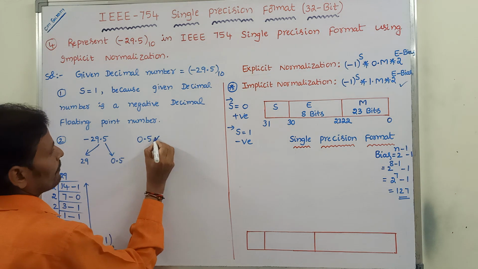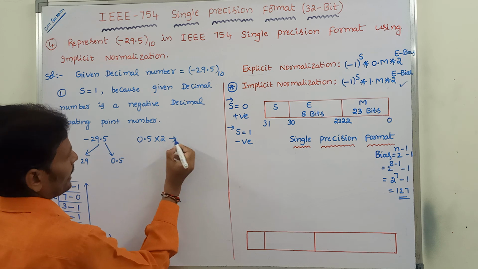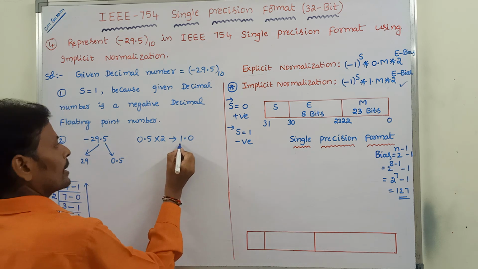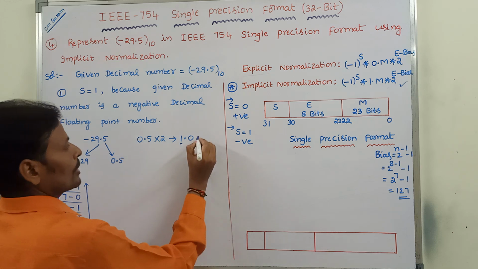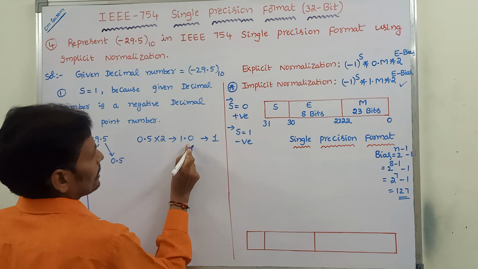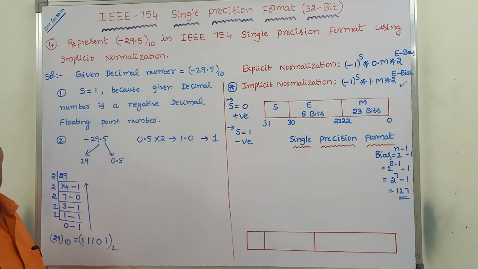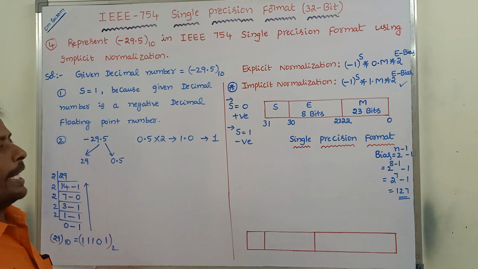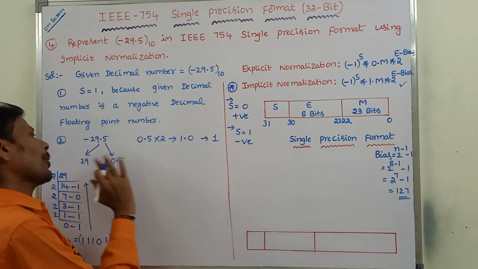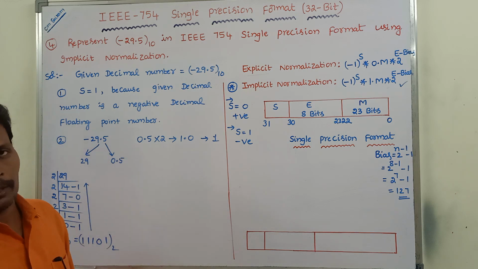Multiplied by 2, we get 1.0. Here the integer part is 1. You separate the integer part, and the remaining part is the fractional part. The fractional part contains only zeros. Whenever the fractional part contains only 0, you have to stop multiplying by 2.